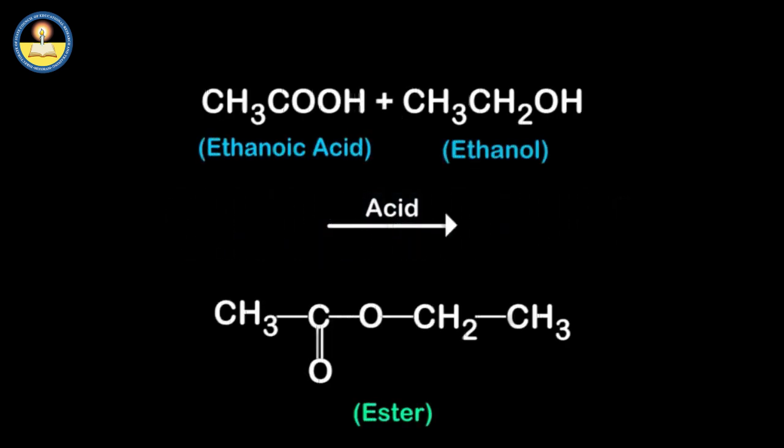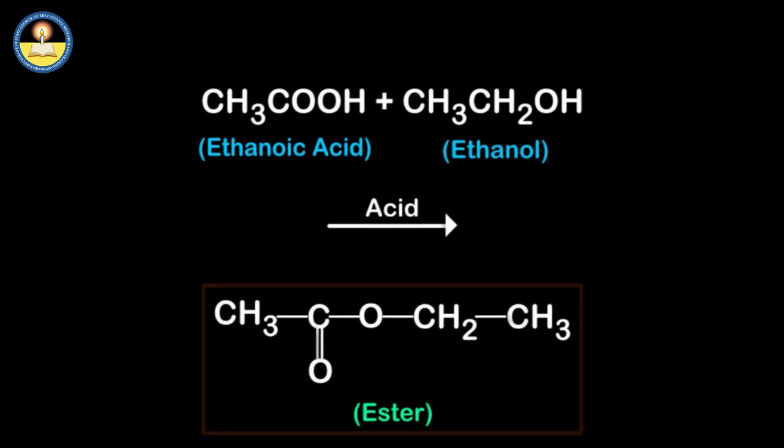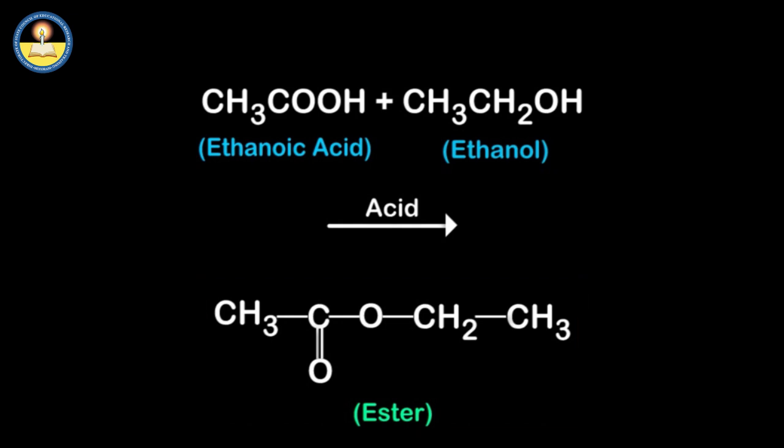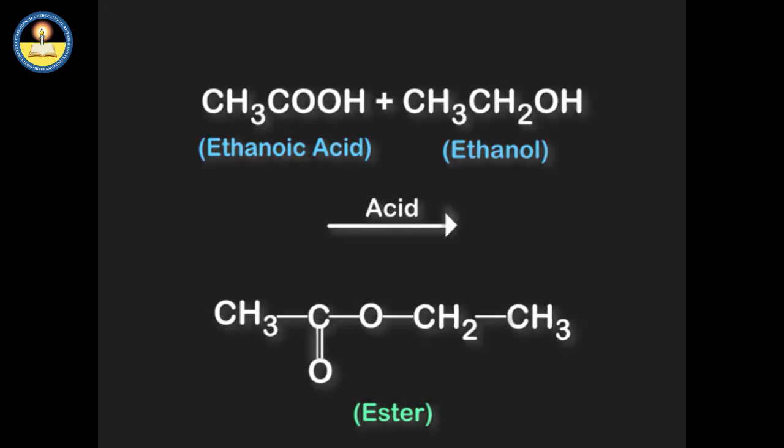Esterification reaction. Esters are most commonly formed by reaction of an acid and an alcohol. Ethanoic acid reacts with absolute ethanol in the presence of an acid catalyst to give an ester. Esters are sweet-smelling substances.